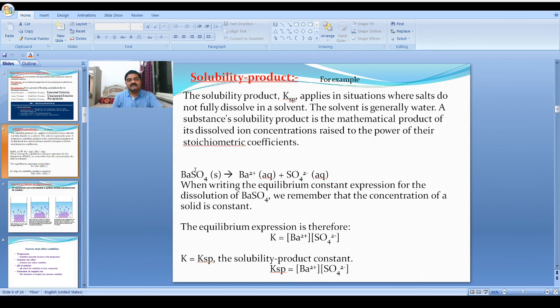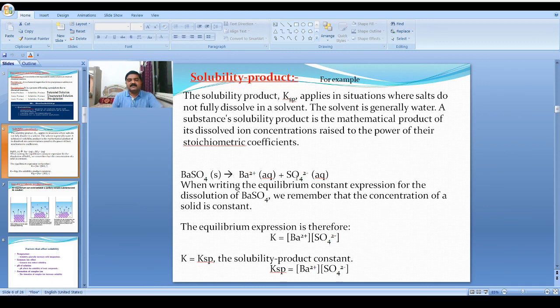Here it is given by the equation for barium sulfate. This is the salt. If we ionize the barium sulfate, Ba2+ and SO4 2-, that means the oxidation state of barium is plus 2 and sulfate is minus 2.